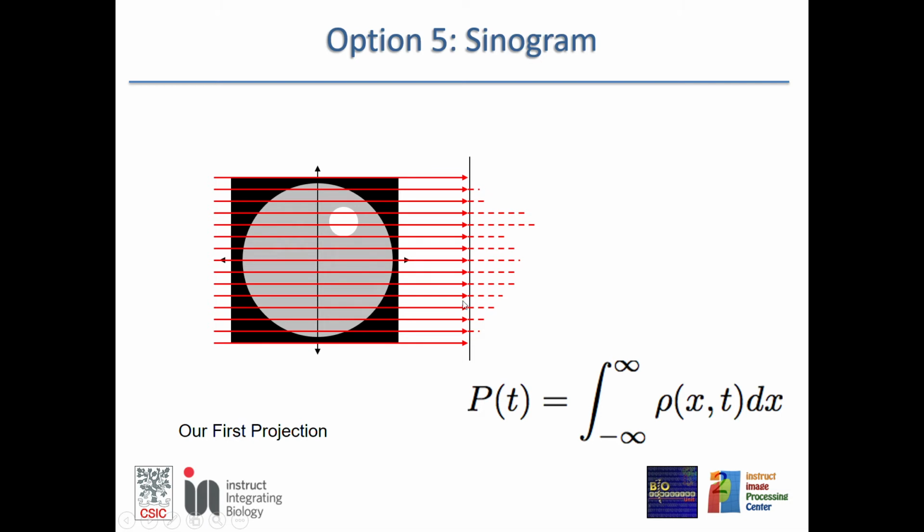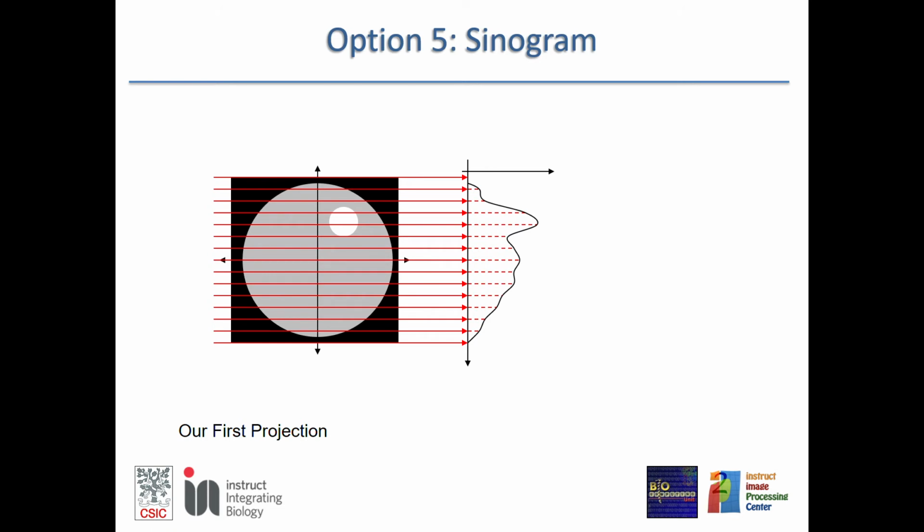Then you have a parameter that is the shift with respect to the origin. The origin is here, and here you have how much the line is shifted with respect to the origin. And then you have a 1D profile. You can repeat this process. So this would be our first projection. This axis T will be how far you are from the origin, and this is the 1D projection.